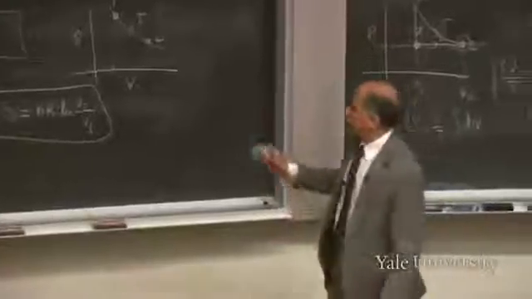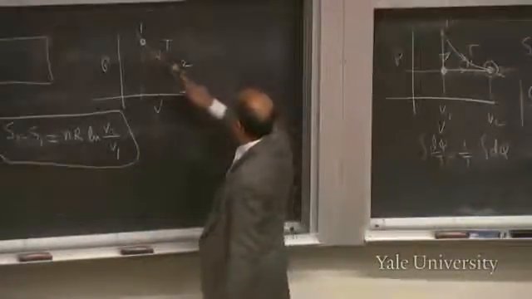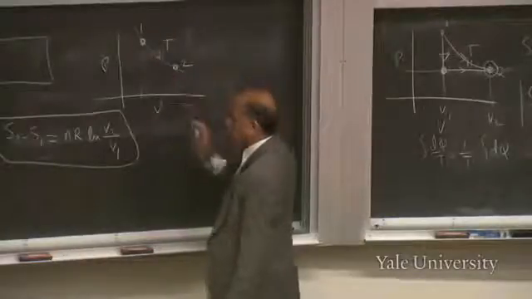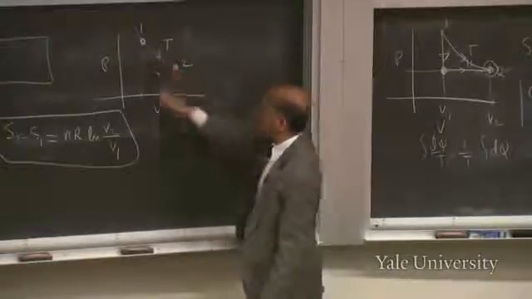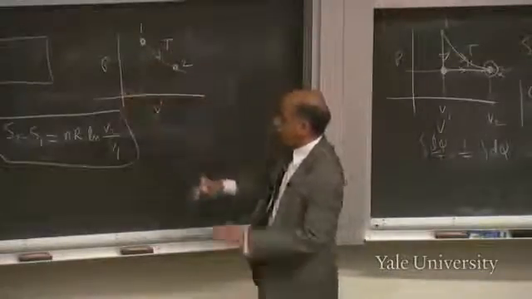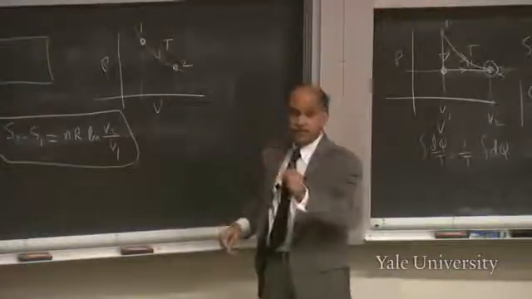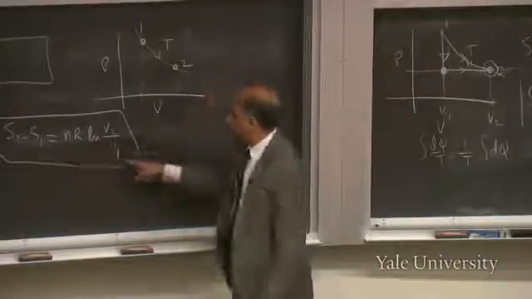But to find the change in entropy in this problem, since 1 and 2 have well-defined entropies, we can find the change between 1 and 2 by going to a different experiment in which it was brought from 1 to 2, not in this crazy irreversible way, but by putting it in contact with the heat bath at that temperature T, removing grain after grain, never straying far from equilibrium. That's when we find this change.